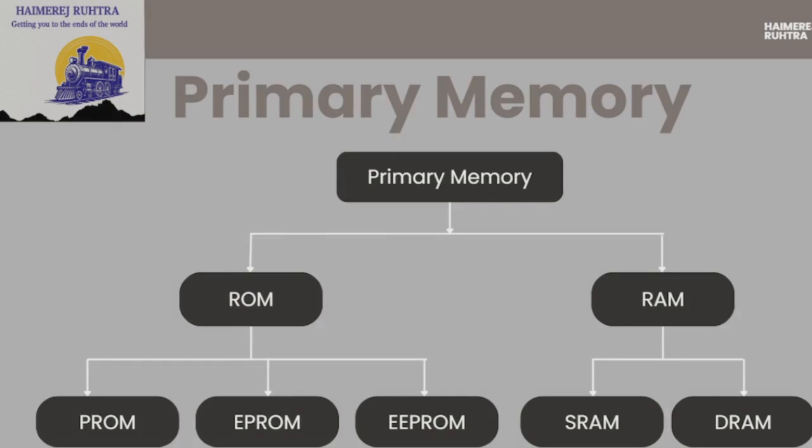Under the ROM you have the PROM, that is programmable read-only memory. Then we have the EPROM, that's erasable programmable read-only memory, and the EEPROM, that is electrically erasable programmable read-only memory. Then we have the RAM, with the SRAM and the DRAM, that's the static random access memory and the dynamic random access memory.